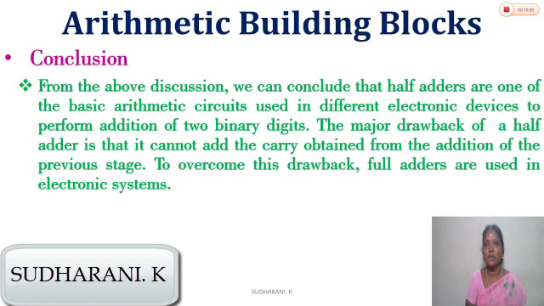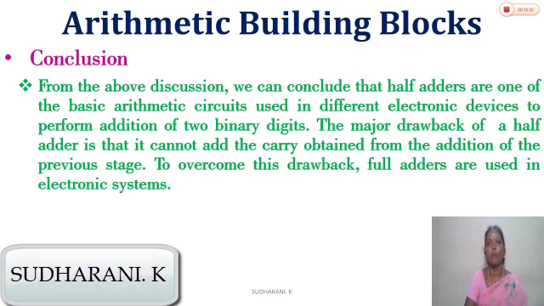Now, what is the conclusion about a half adder? From the above discussion, we can conclude that half adders are one of the basic arithmetic circuits used in different electronic devices to perform addition of two binary digits.